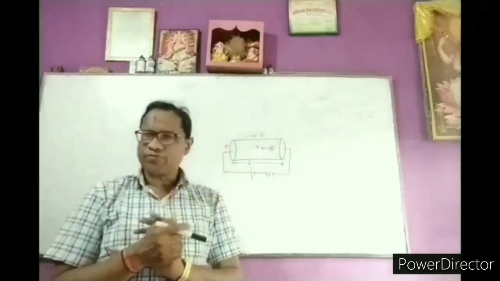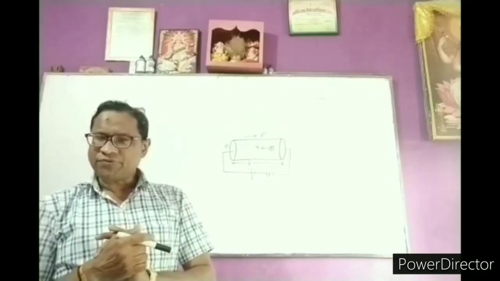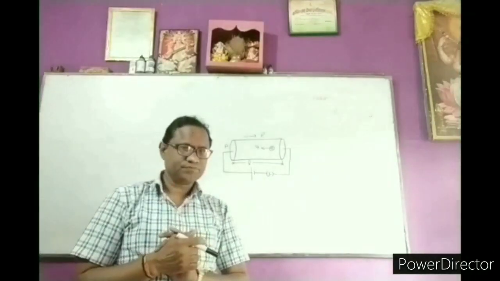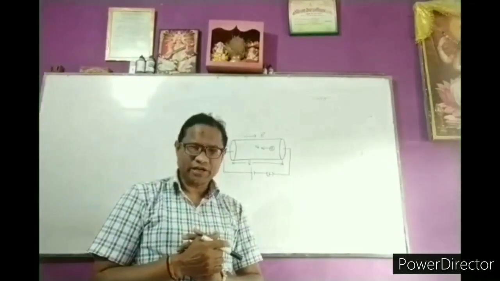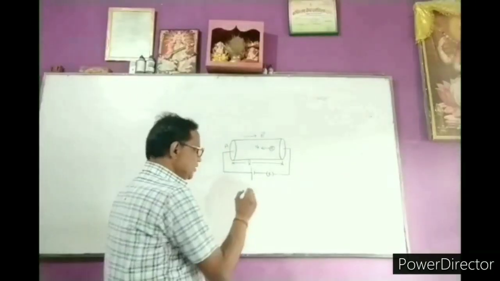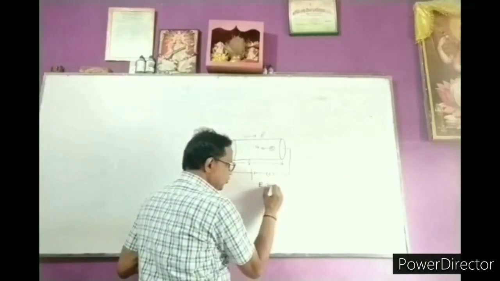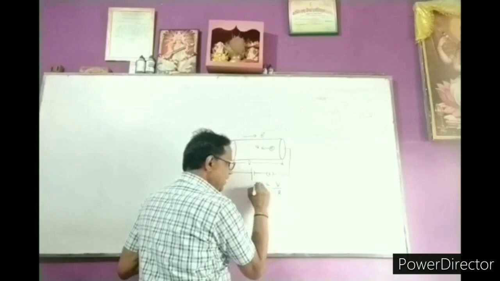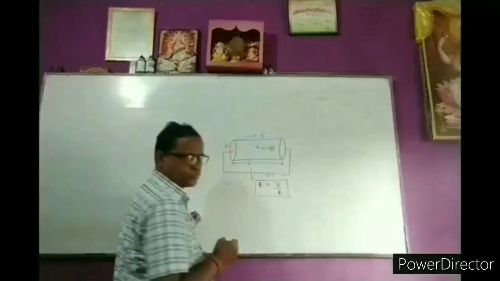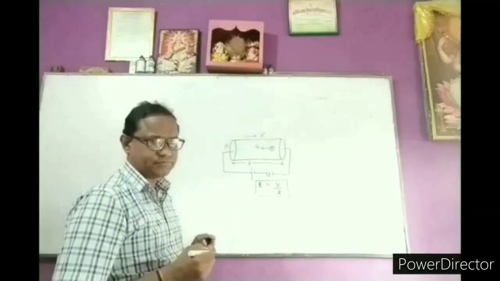The magnitude of the electric field set up across the conductor is given by E is equal to V by L.